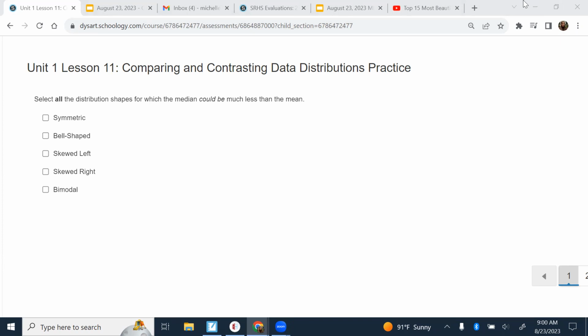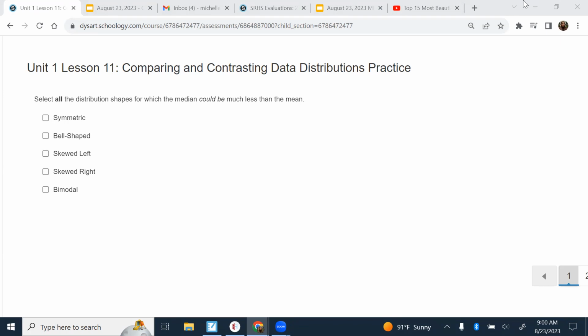But we're selecting all the distribution shapes for which the median could be much less than the mean. So before I put that, it would allow partial credit. If you didn't get it exactly right, you just mark it completely wrong. No, I always do partial credit. However, if you pick a wrong answer, it usually deducts from your right answers, if that makes sense.